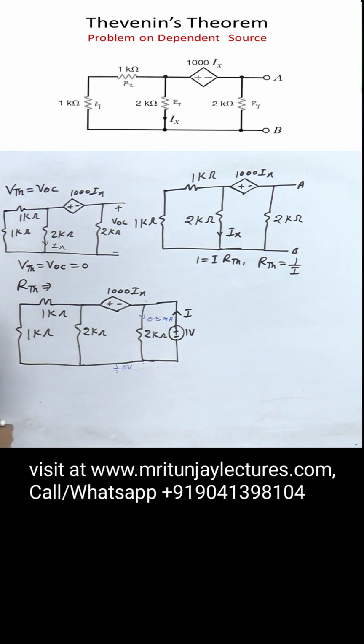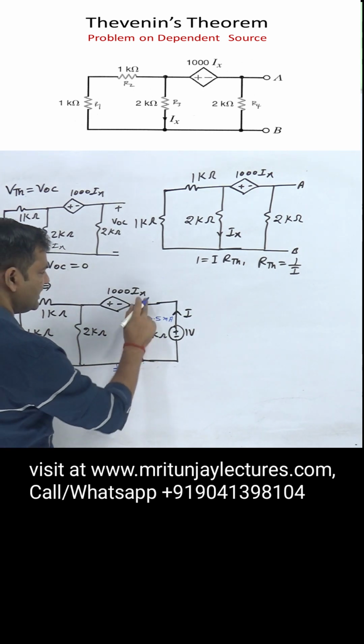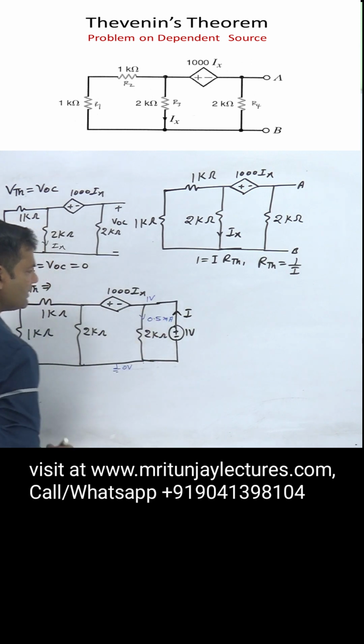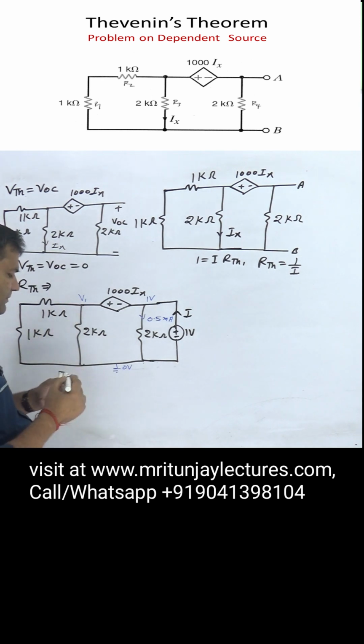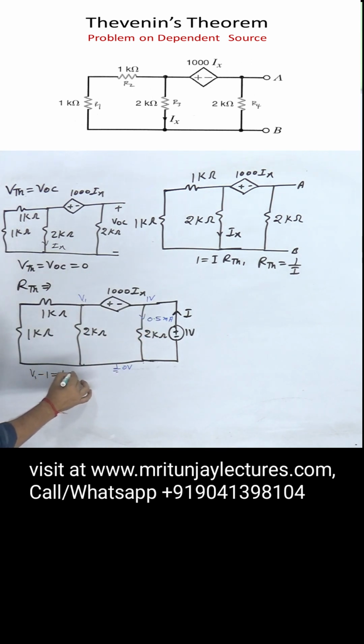Now if we consider V1 here, what about V1? V1 minus 1 is equal to 1000 Ix. So V1 is written as 1000 Ix plus 1.